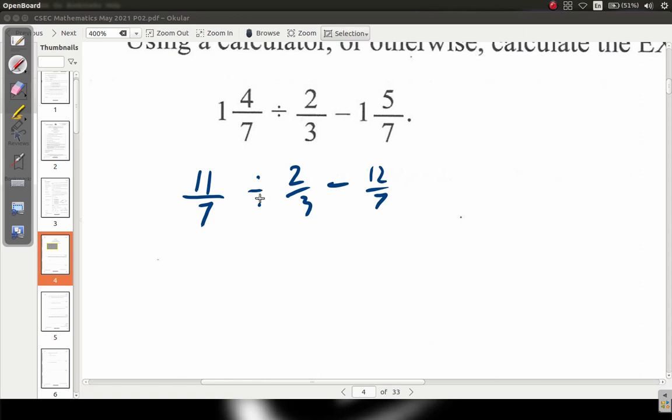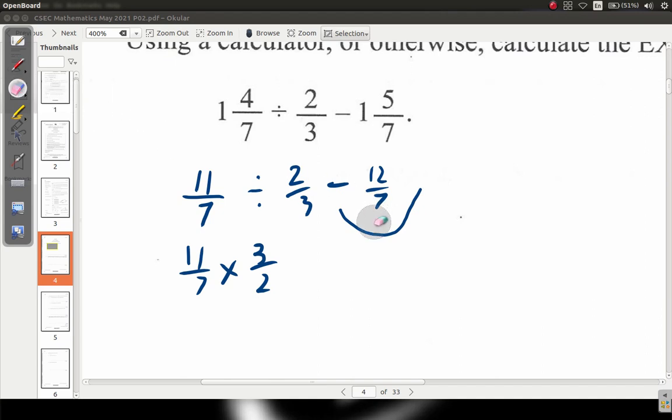Now, you remember what to do here. You're going to say 11 sevenths divided by 2/3 is the same as 11 sevenths multiplied by 3 halves, 3/2. You see? We'll soon come back to the 12/7.